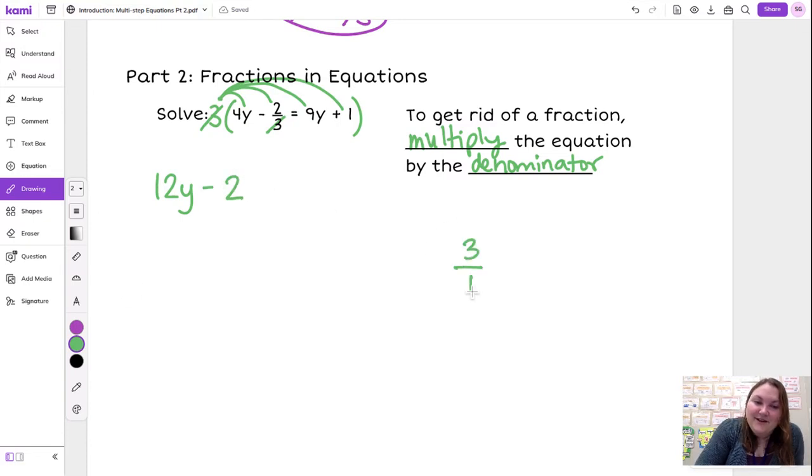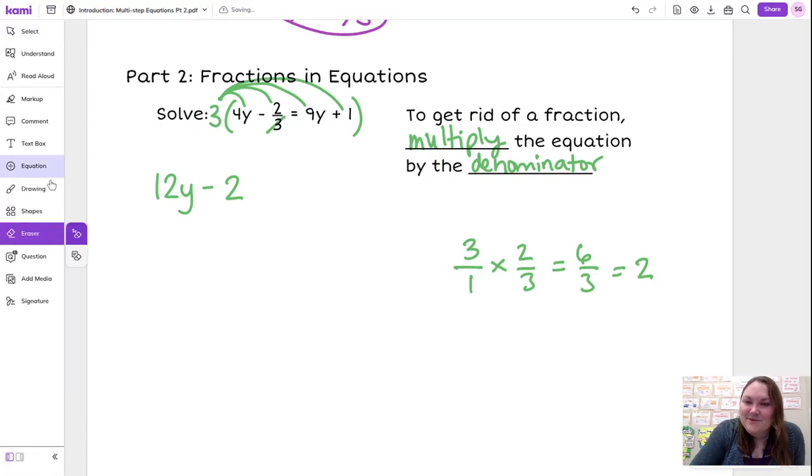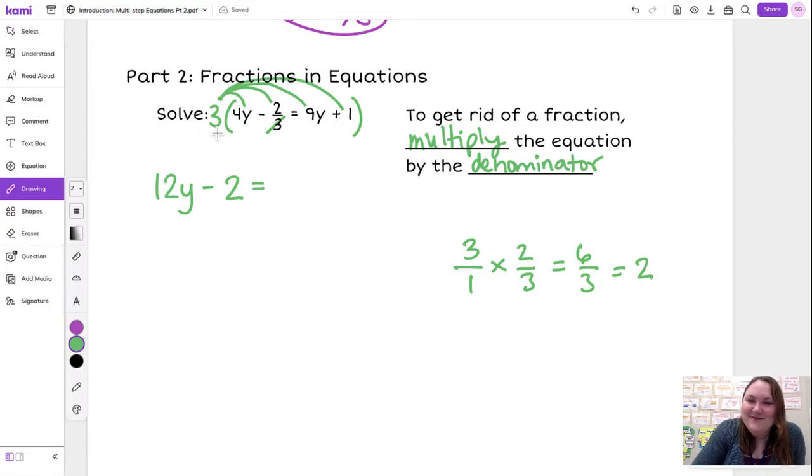You could do it the long way. 3 times 2/3 equals 6/3, which equals 2, or you can just say the 3's cancel. After that, there's no more fractions, so it should be quick. We have equals. 3 times 9y is 27y, and 3 times 1 is 3.